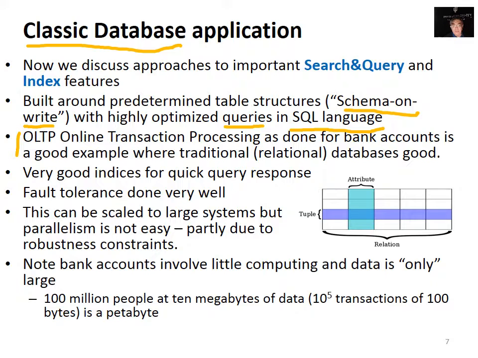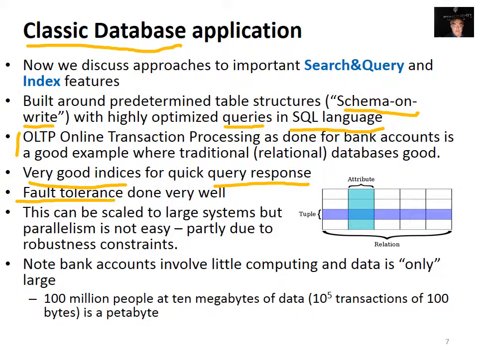Obviously, one example here is OLTP, online transaction processing, and there traditional databases are highly optimized, because these are areas where there's actually not a huge amount of computing, because the amount of work done when you, I don't know, update your bank account is not huge, but reliability and robustness is extremely important. And also, when you go to your ATM, you want your account to be found very quickly. So you need very good indices and quick response to the typical queries.